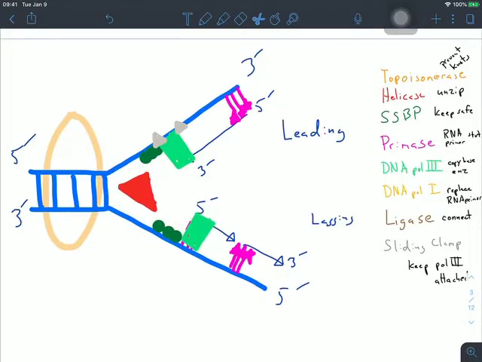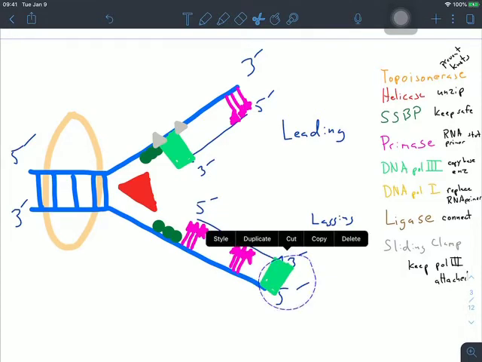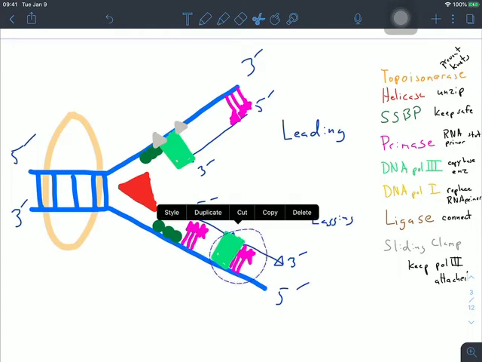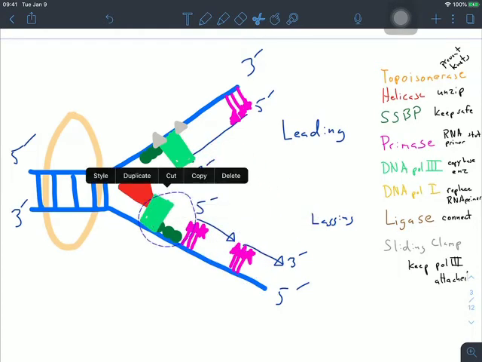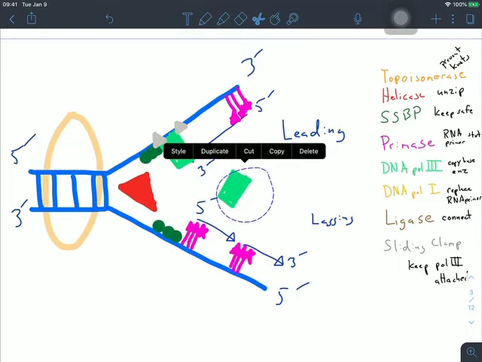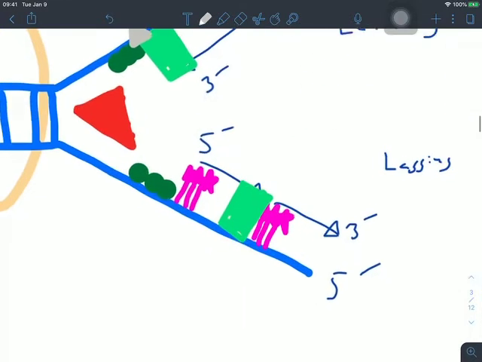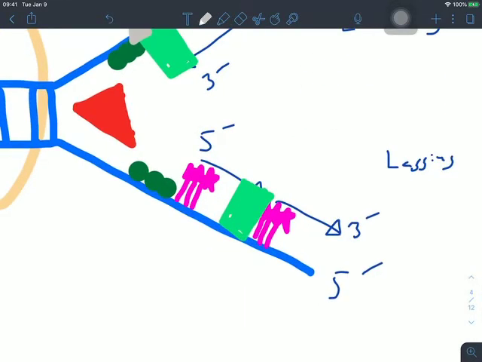So it's kind of doing this leapfrogging strategy where it'll bind to where RNA primers are present, scoot down, build, reach where the end point is, then bump off, and come back to the next RNA primer. Build, bump off, come back to the next RNA primer. Build, bump off. So you've got multiple DNA polymerases, DNA polymerase 3 here, with its own sliding clamps. They travel as a package.